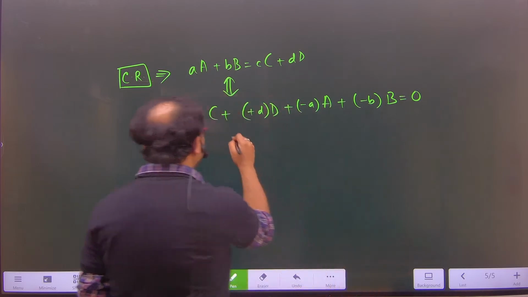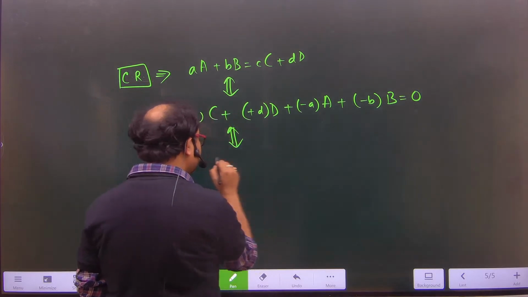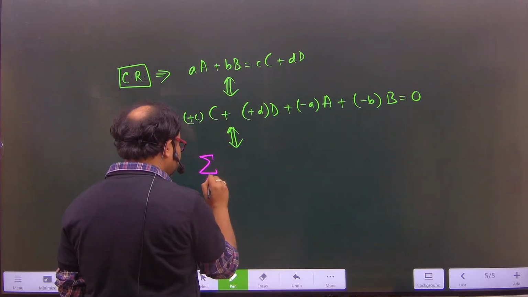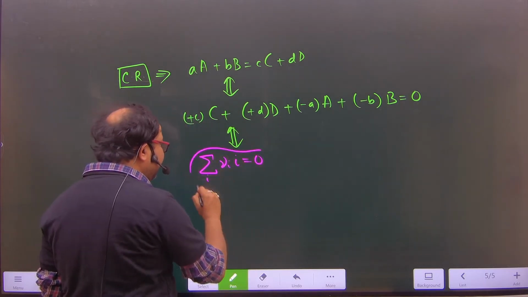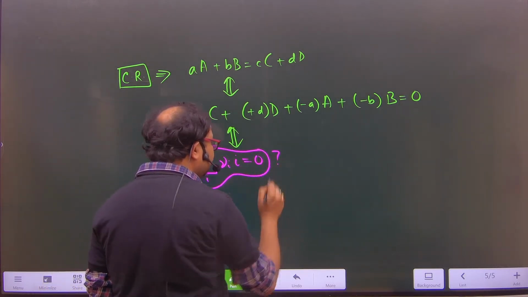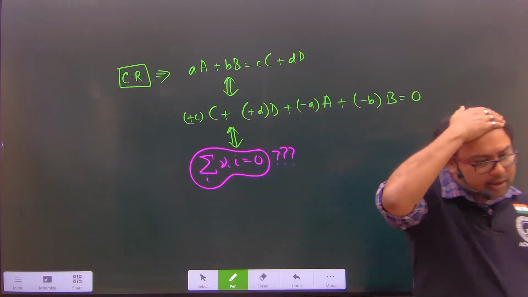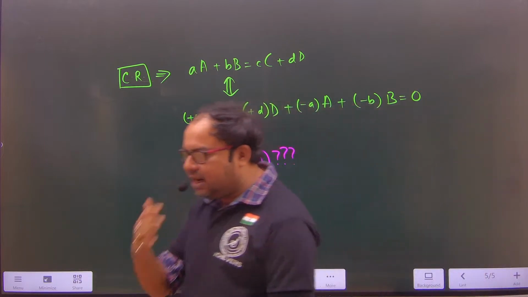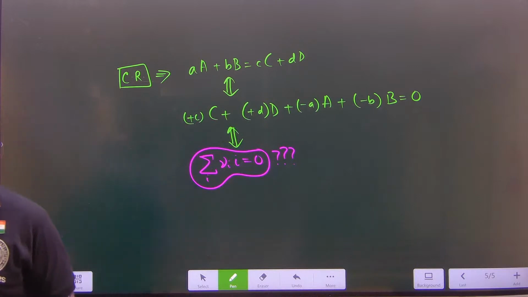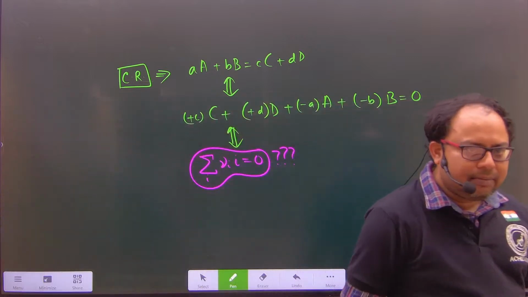And then it is given a generalized representation like this. Now you have to decipher the meaning of this general representation. How can we do that?